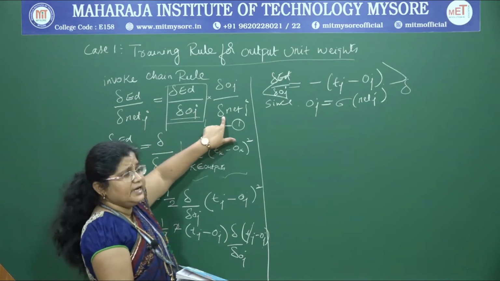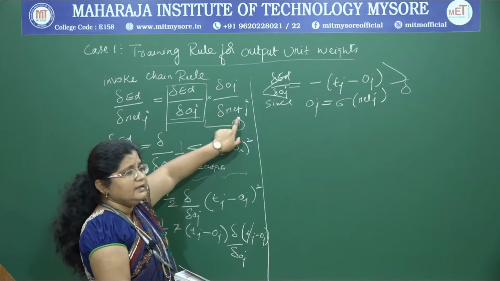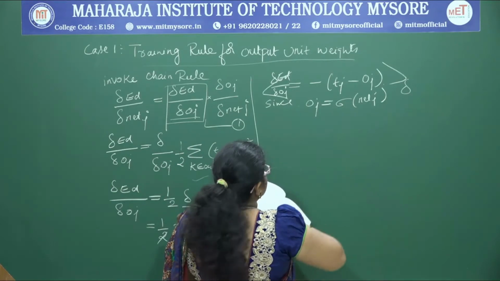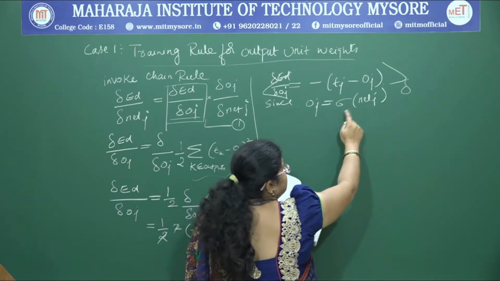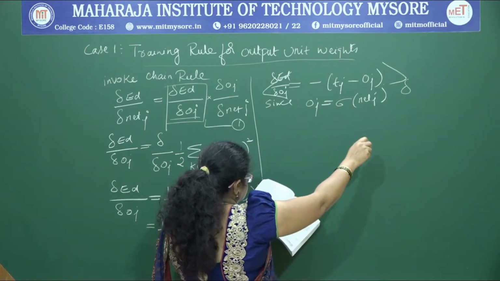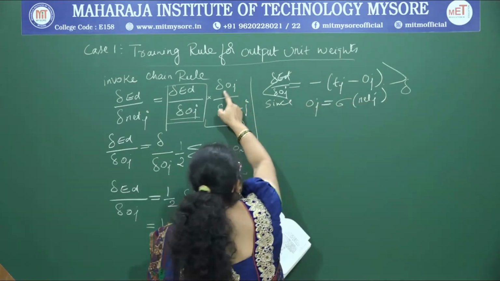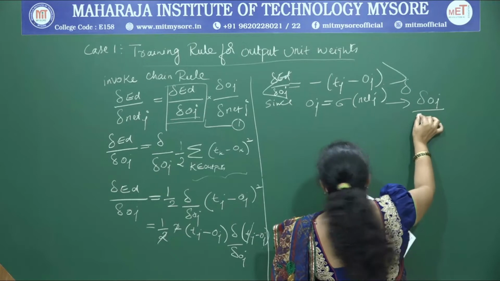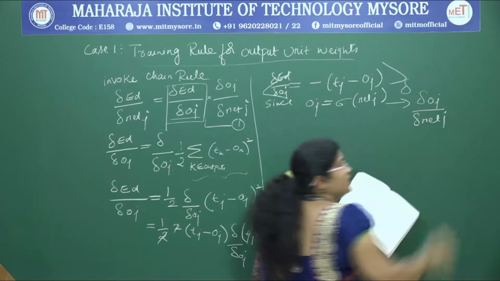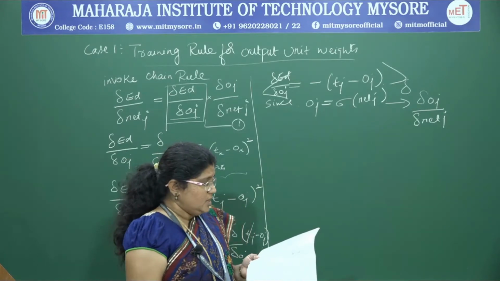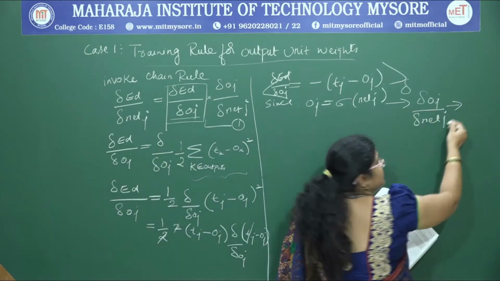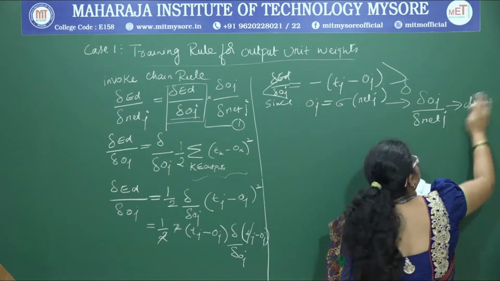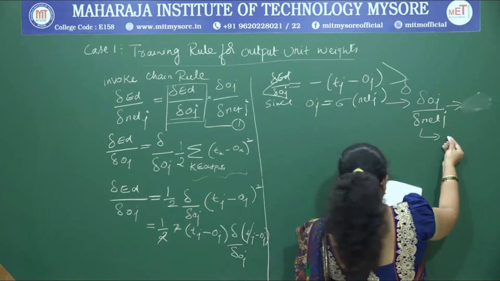Now let us look at the second part, that is delta Oj by delta net j. Since Oj is sigmoid of net j, the derivative of delta Oj divided by delta net j is said to be the derivative of the sigmoid function.